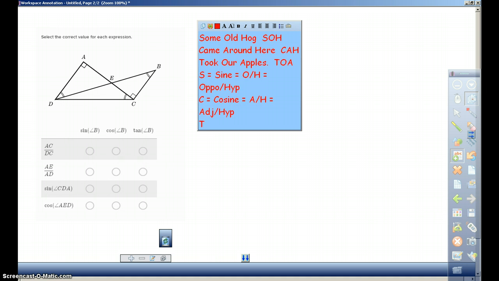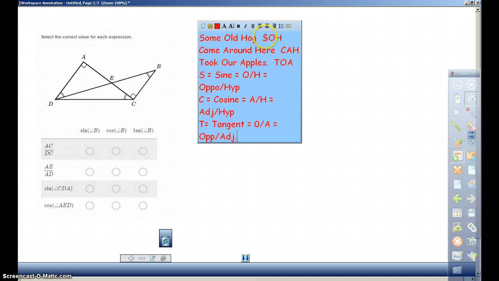And then T equals the tangent function, which is equal to O slash A, took our apples, so O slash A, which is equal to the opposite over the adjacent.